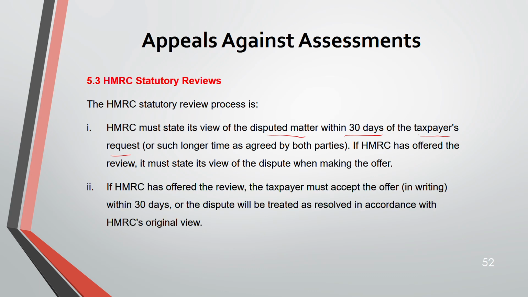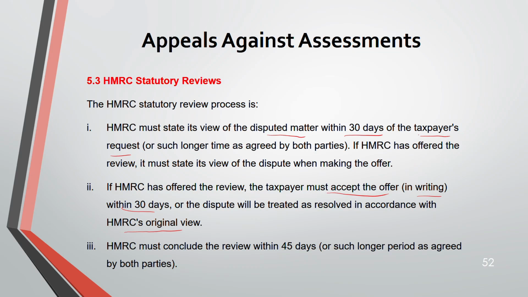Number 2, if HMRC has offered the review, the taxpayer has to accept this offer in writing, not verbally, and also within 30 days. Otherwise, HMRC's decision will be taken. That means HMRC's original view will take precedence over the taxpayer.